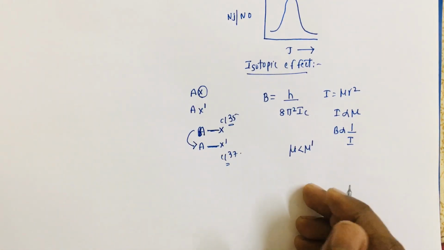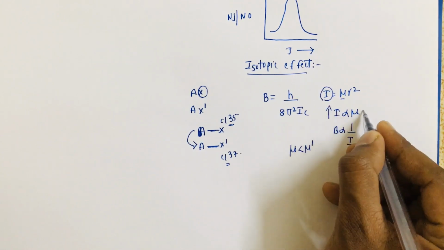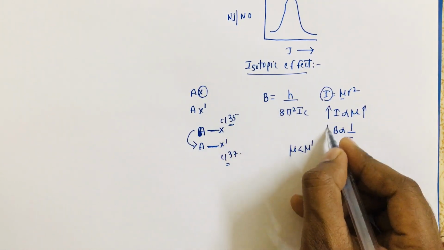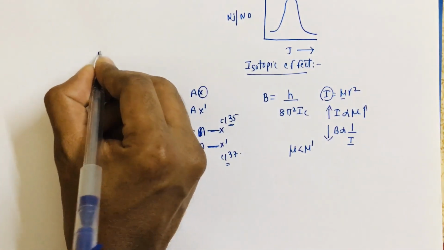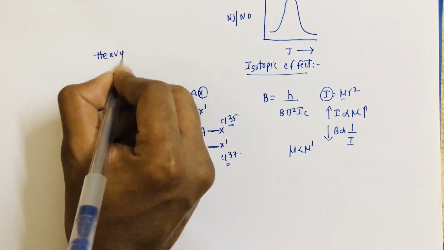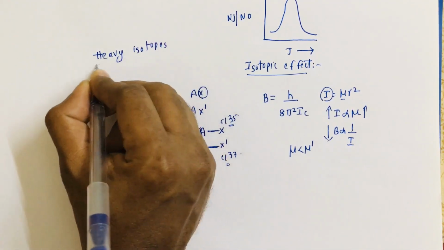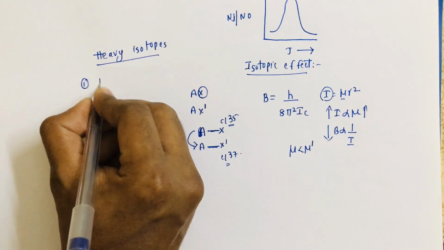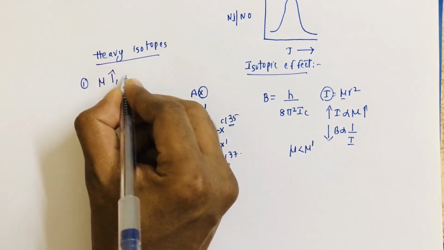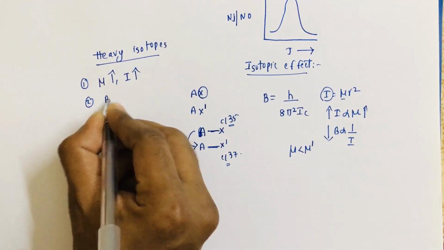So when the mass is increasing, the moment of inertia also increases and the rotational constant decreases. When we have a heavy isotope, these points are important. In that case, mass increases and moment of inertia increases, then rotational constant decreases.